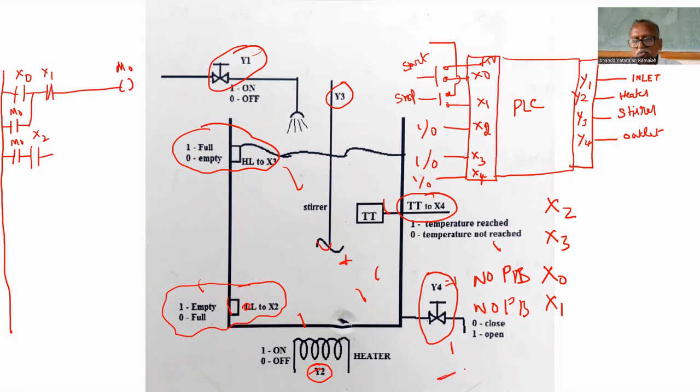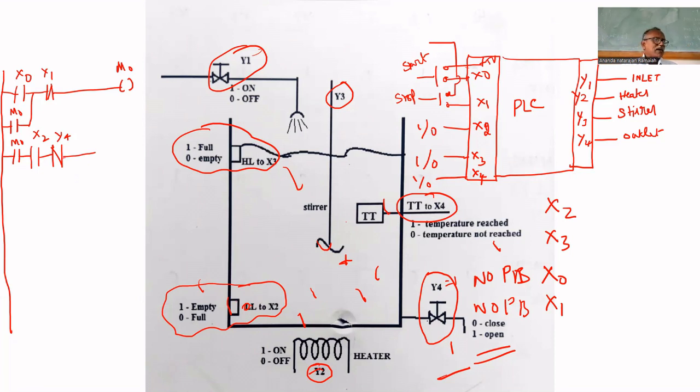If the valve is open, Y4 is 1. If it is 0, it is closed. It must be closed, so Y4 must be 0, and that must be 1 here. That's why we are putting a normally closed contact of Y4.